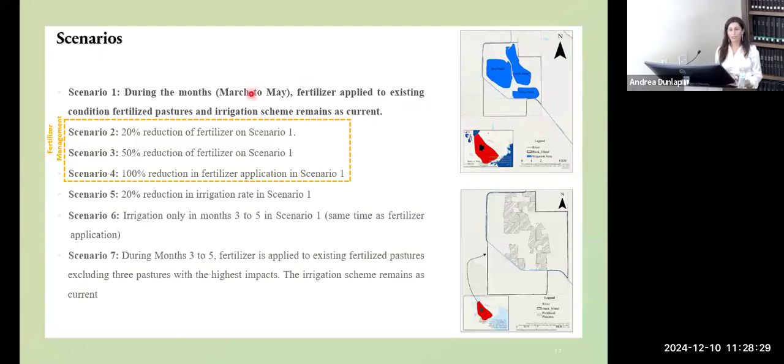Every other change we made to propose an alternative solution is compared to scenario 1.